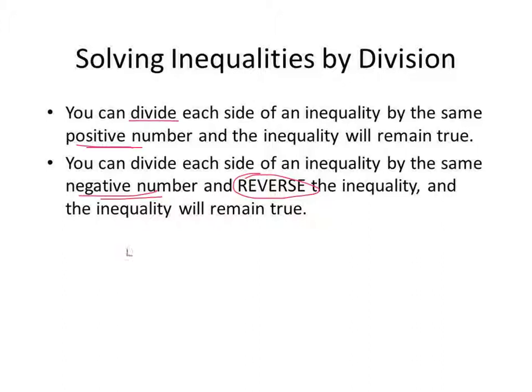So as an example, if 4 is less than 6, which it is, if I divide both sides by 2, I get 2 is less than 3. That's still true. But if I take 4 is less than 6 and I divide both sides by negative 2, I get negative 2 is less than negative 3. But negative 2 is not less than negative 3. It's greater than negative 3. But if I reverse my sign, then it will work. So that's what you got to do, reverse your sign.